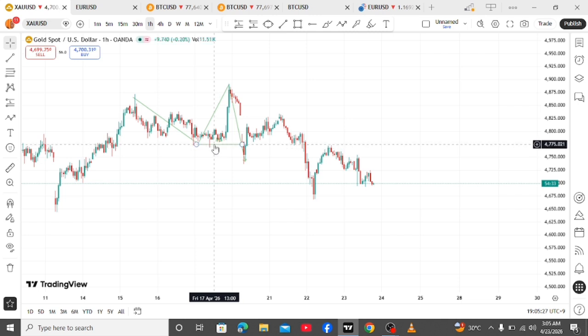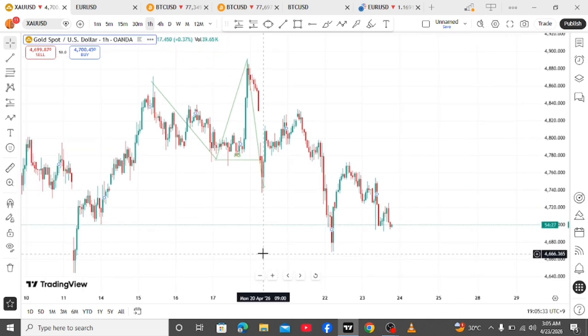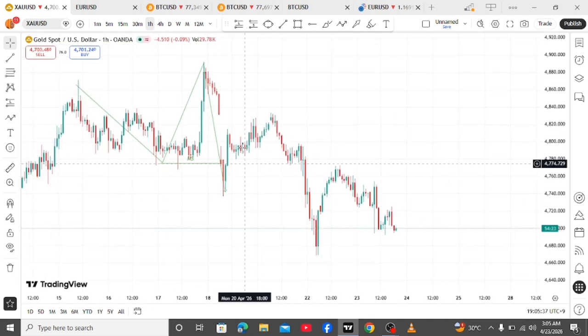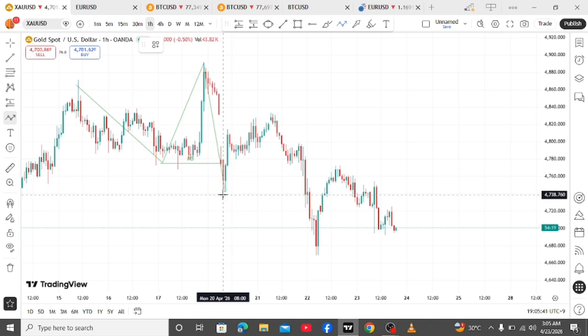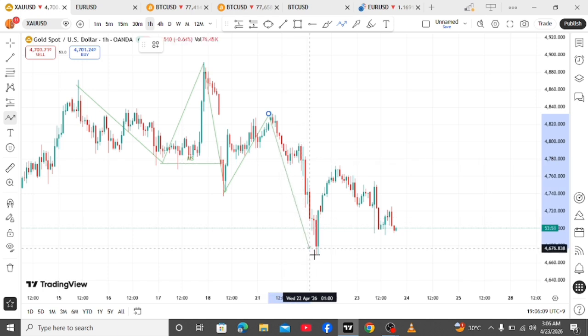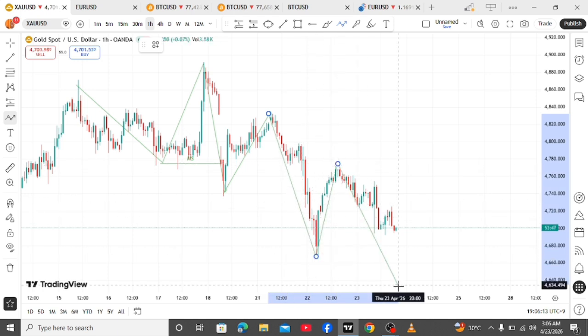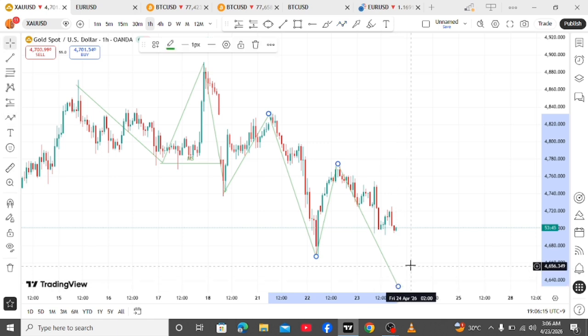The market is about to go down. So what do we expect from here? We expect lower highs and lower lows. So this is your lower low, and this is your lower high, then lower low, then lower high, then we expect a lower low. So now we expect a lower low.